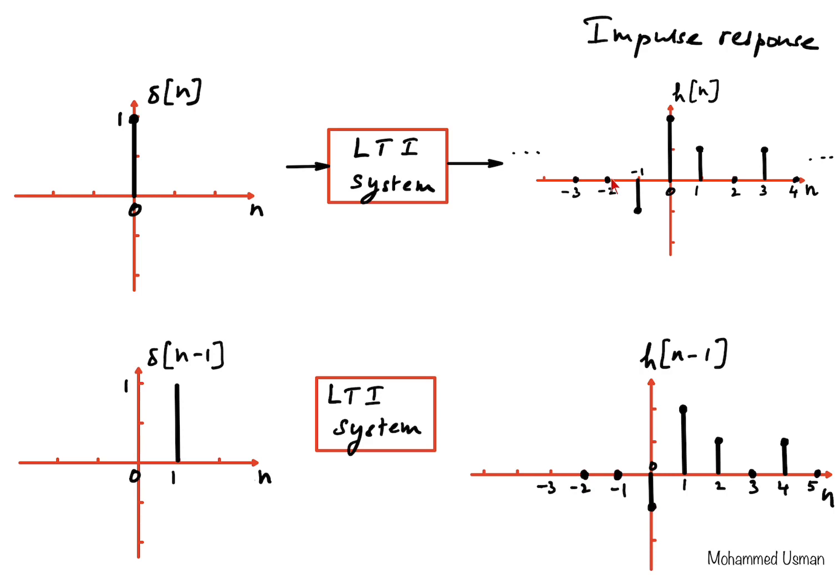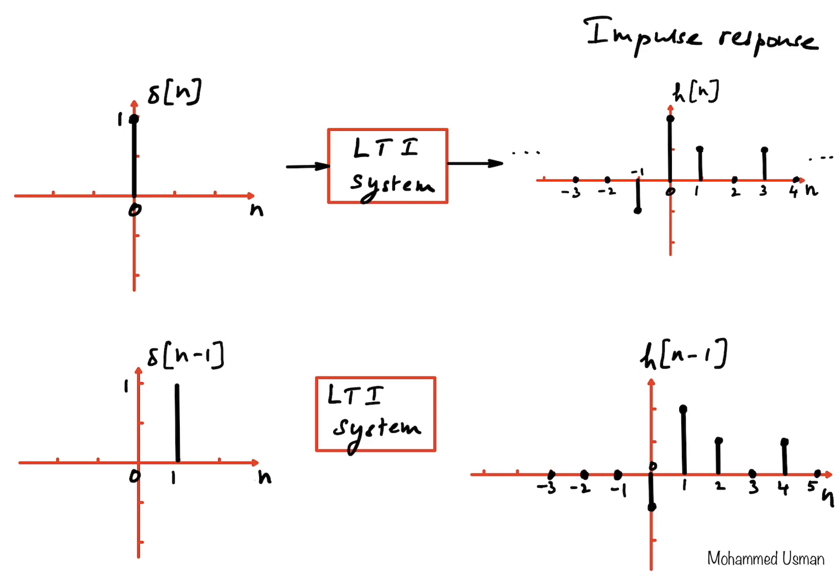Similarly, the value at minus 2 has moved to minus 1. The value at minus 3 has moved to minus 2. Similarly, the value at minus 4 will move to minus 3 and so on. These dots here indicate that it is 0 beyond 4 and beyond minus 3 on the left. So at minus 3 it's going to be 0, because anything beyond minus 3 is also 0, and anything beyond 4 is also 0.